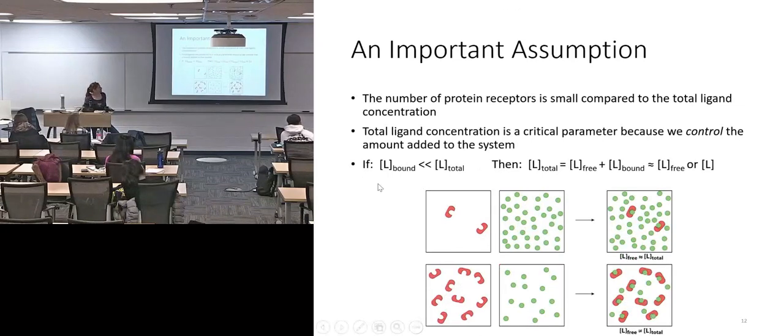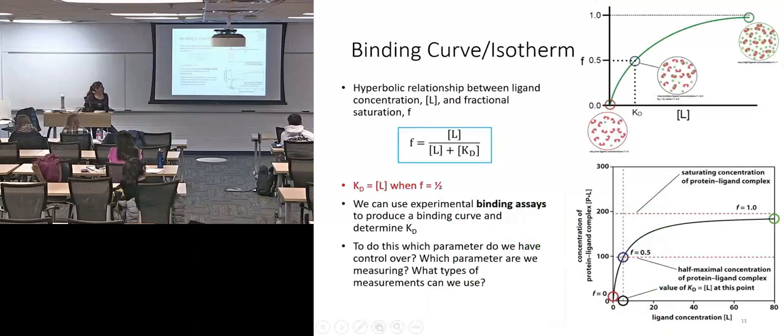And if we let the amount that gets bound be much, much less than the total, which is free plus bound, so if this is really, really small, then we can assume whatever we put in is the amount that's still free, okay? Because otherwise, once we put it in and some of it gets bound up, how do we decide what concentration is left over that's still free? This plot here is the concentration I put in and that I controlled.